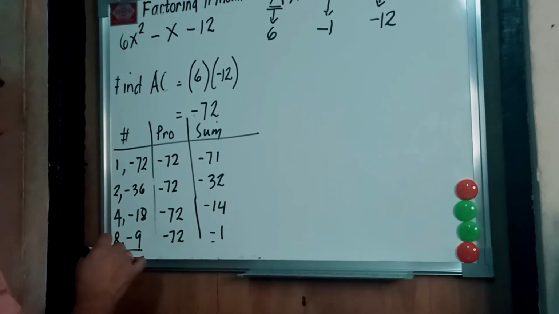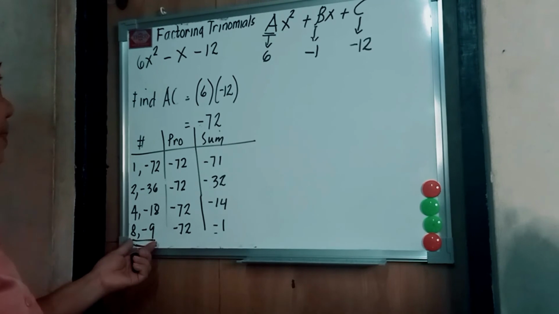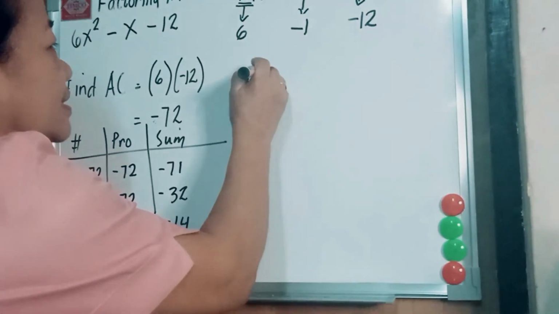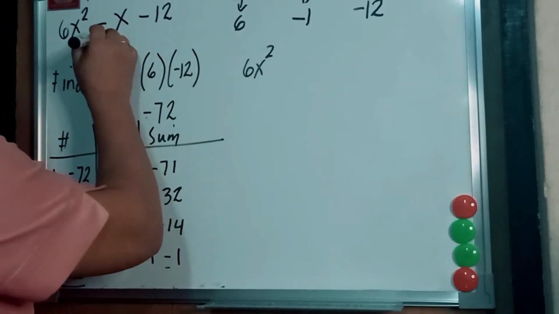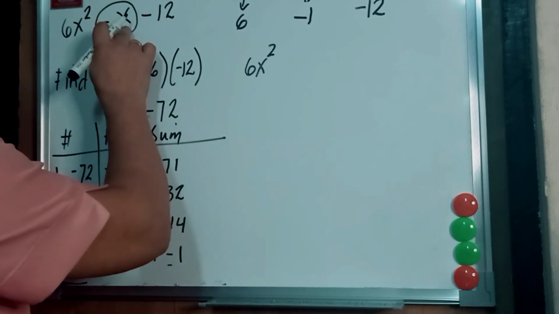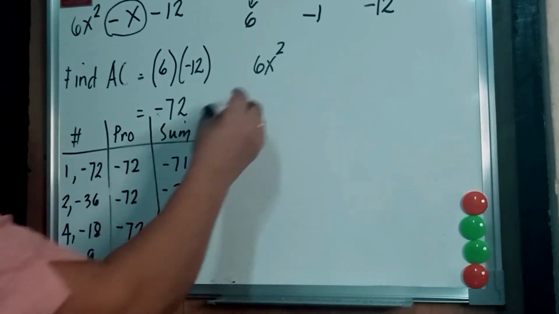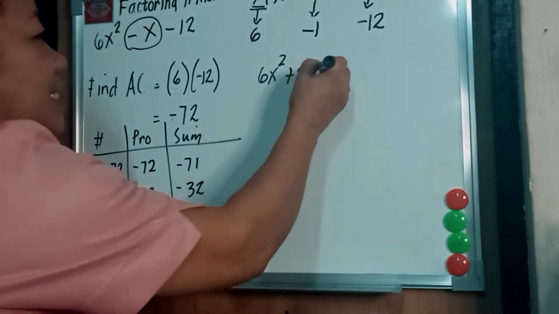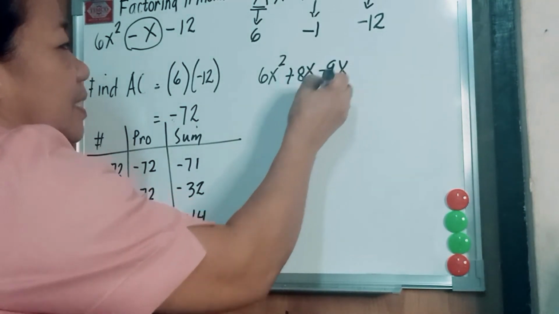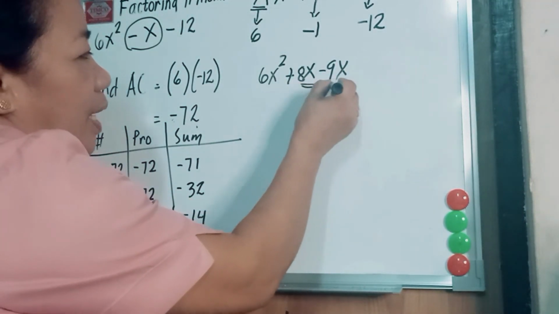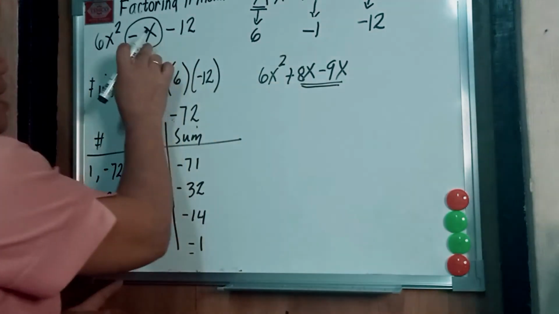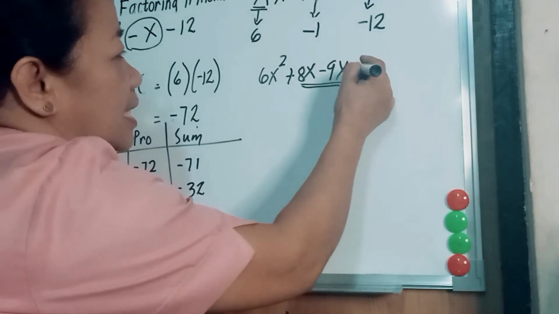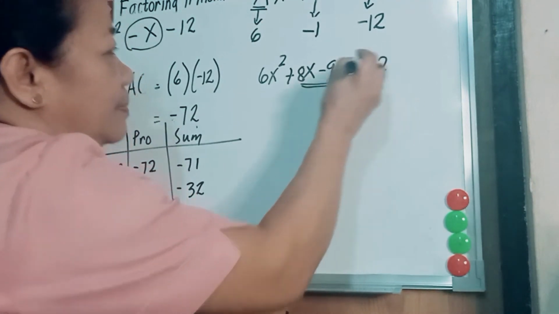So, we have to use this pair of numbers. From here, 6x squared, we need to change now your negative x by positive 8x and negative 9x. Remember, if we add these, it is equal to negative x. Then copy your C, negative 12.